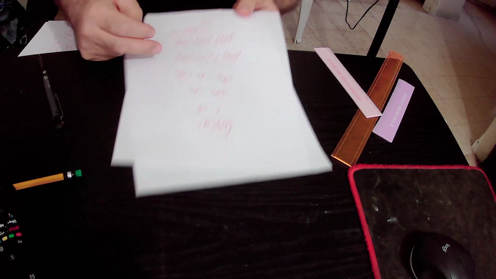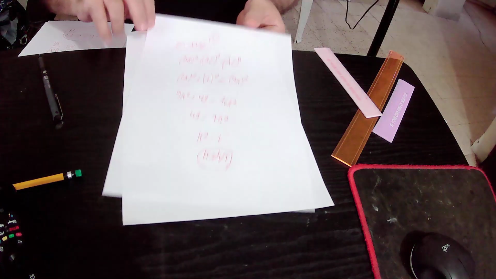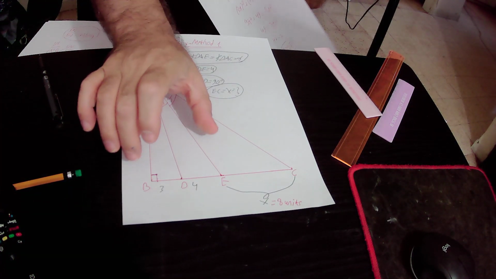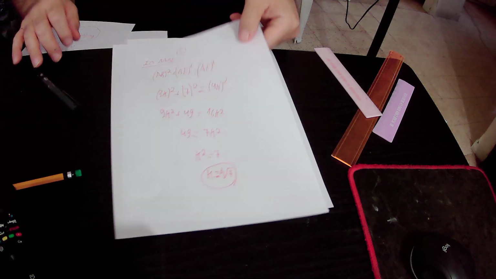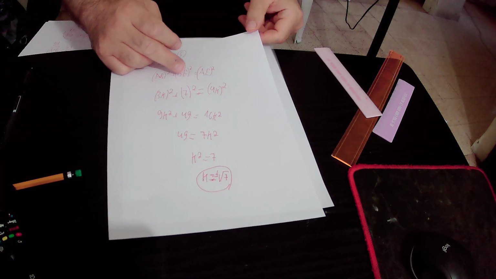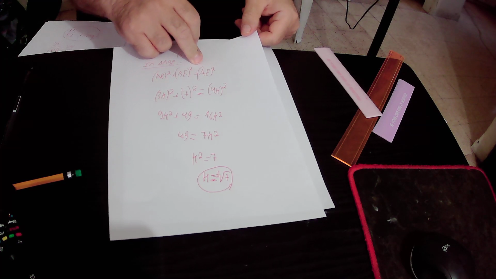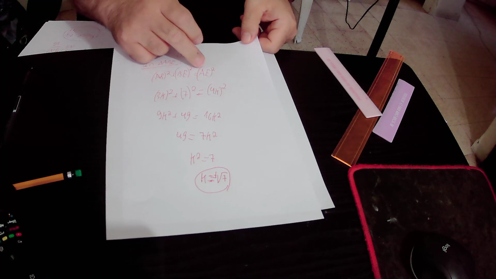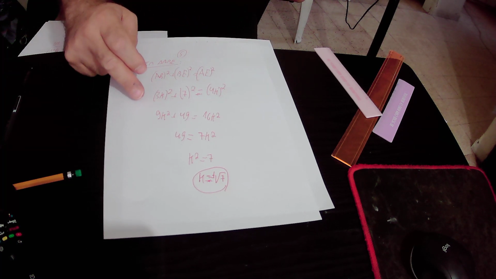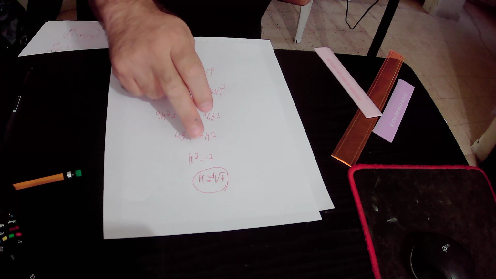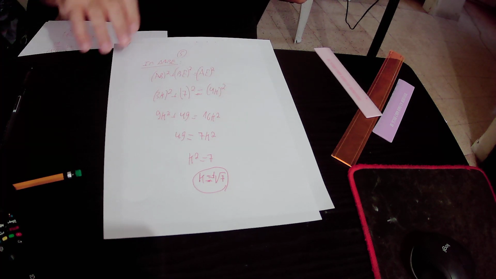The value of BE is actually 3 plus 4, that is to say 7, so BE square is 7 square. And AE equals 4K, so AE square is 4K square. So we solved this simple equality and we found that K equals root 7.